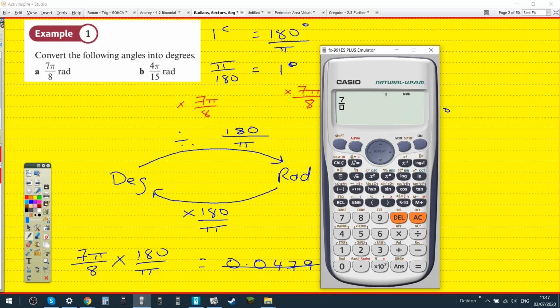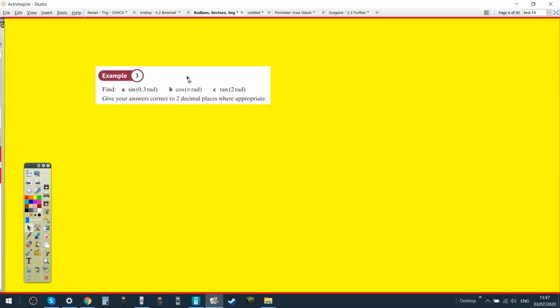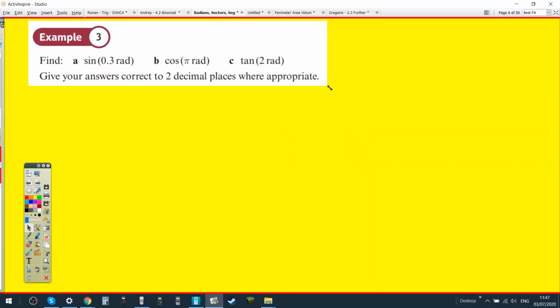Fraction. There we go. 7 pi over 8. Let's put a bracket around everything just in case. And shift, and this DRG, degrees radians gradient, is the third one. That is radians, which is 2. And it just gives me the 157.5. So I'll just have to find that similar thing in the calculator. It doesn't really come up to convert between the two, to be honest. It's just giving you an understanding, I think.